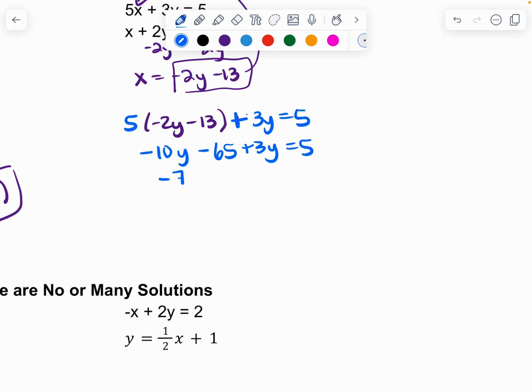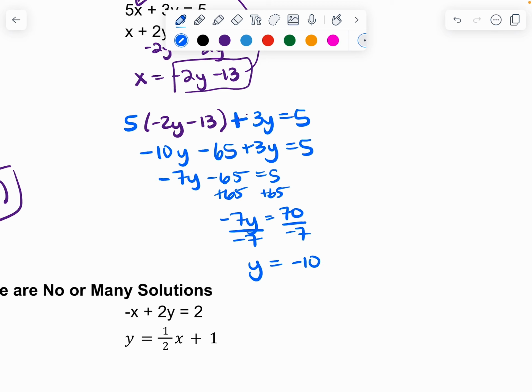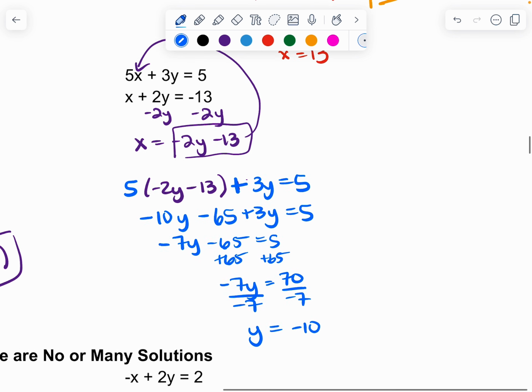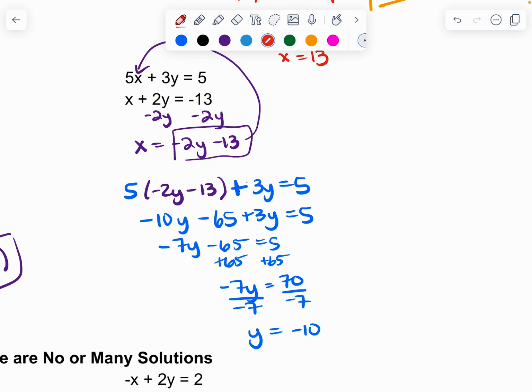So negative 7y minus 65 equals 5. Add 65 to both sides. Negative 7y equals 70. Divide by negative 7 and get y equals negative 10. Plug that back into the original equation.